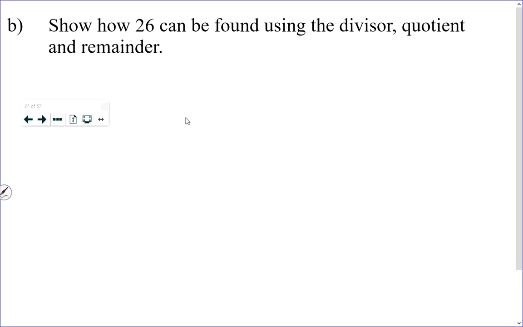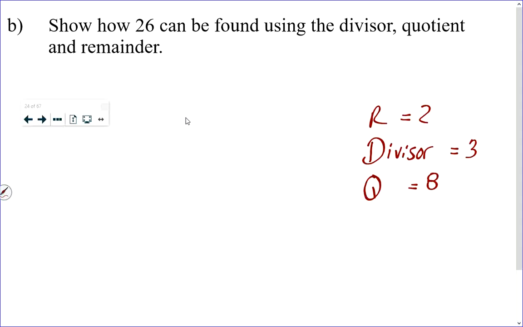I think maybe this will make more sense. How can you find 26? Let me write down what everything is. The remainder was 2. The divisor was 3. And the quotient was 8, correct? How can you find 26 from those 3 players?